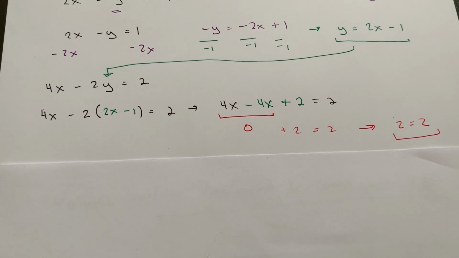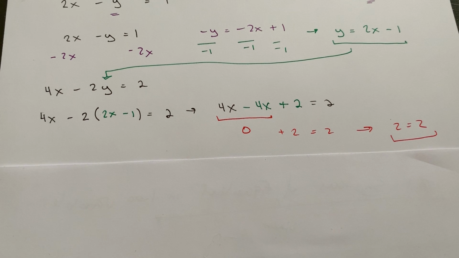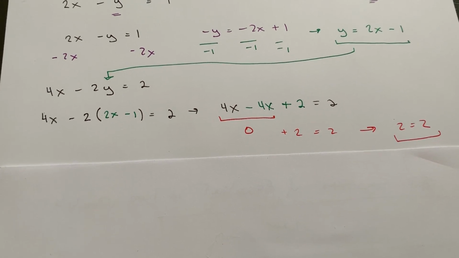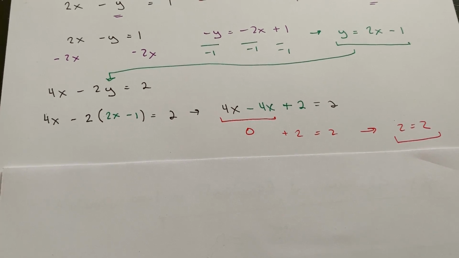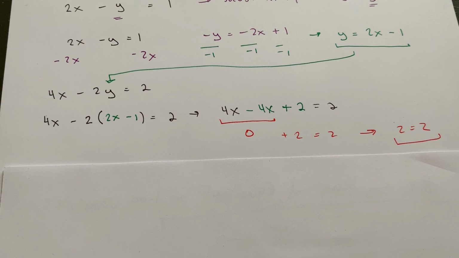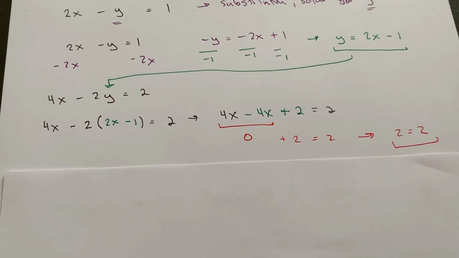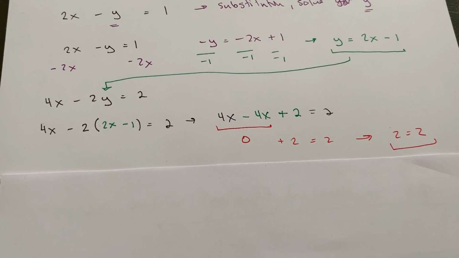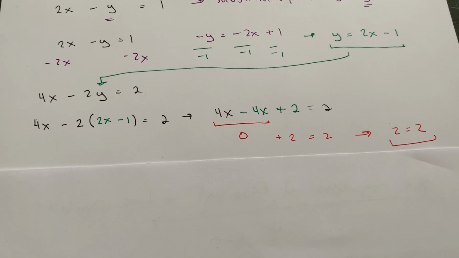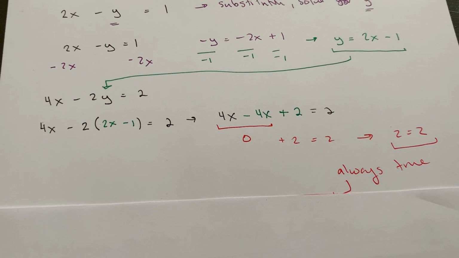So the special cases are happening when we do either an elimination or a substitution, and all of the x's and y's are getting canceled out, regardless. The variables are dropping like flies. They're just out of here. And it depends what we're left with. In this case, what we're left with is the identity equation, this simple equation, 2 equals 2. That's always true.